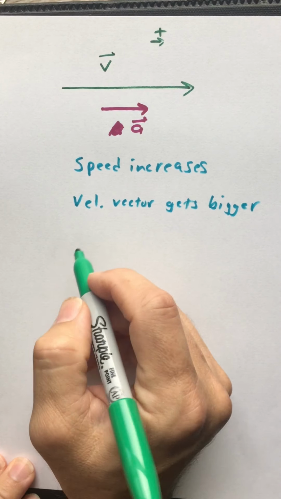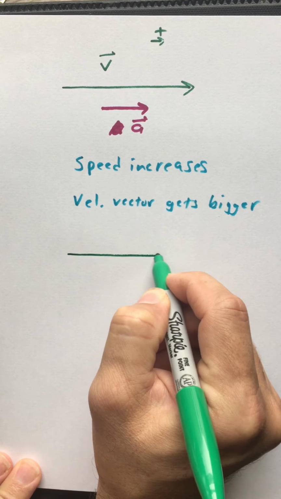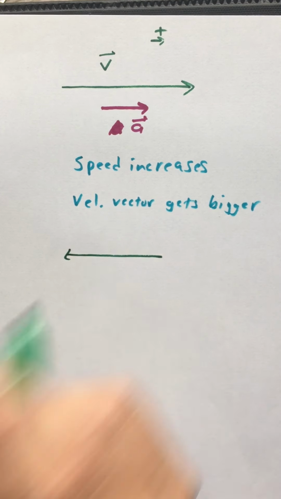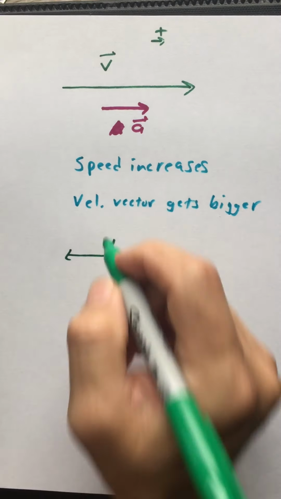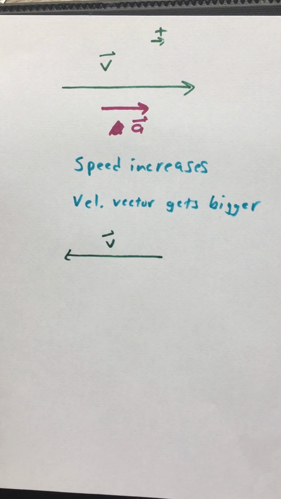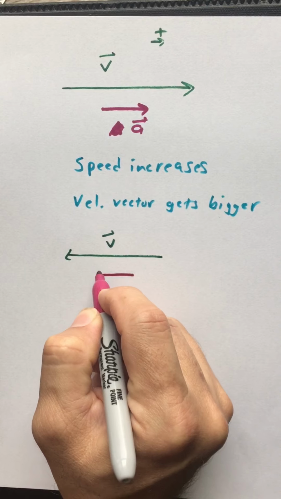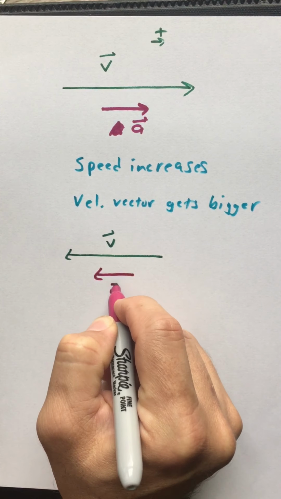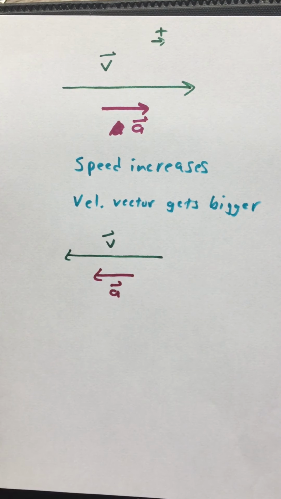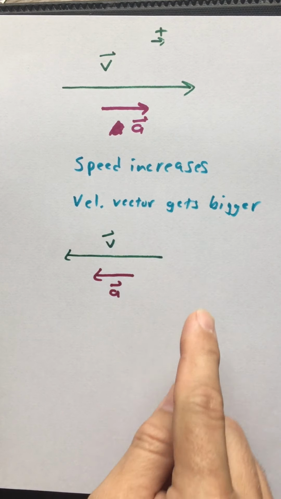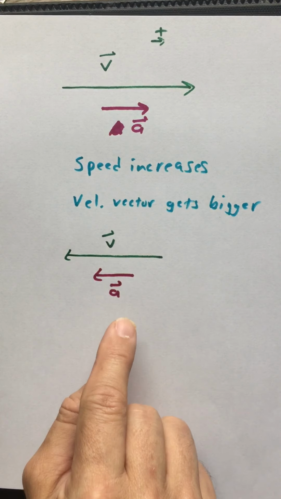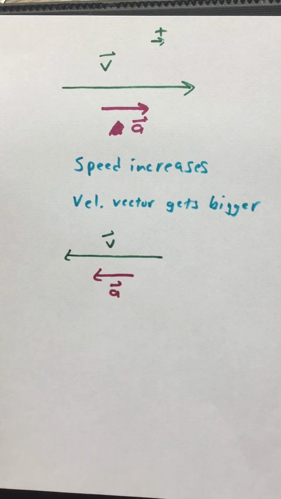All right, well, let's flip it around. Let's say that now, in this case, we have a velocity vector to the left that is negatively oriented, and we have an acceleration to the left, negatively oriented. Okay, well, by analogy with this, the acceleration is still in the same direction as the velocity vector.